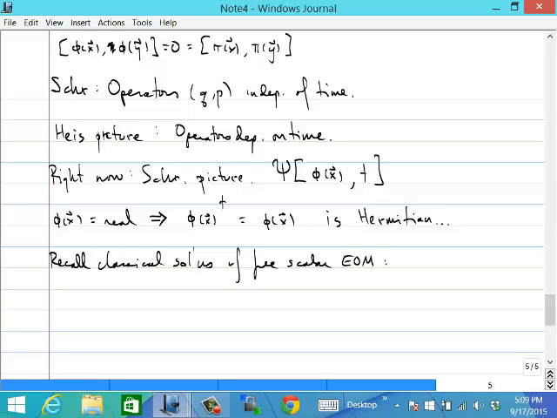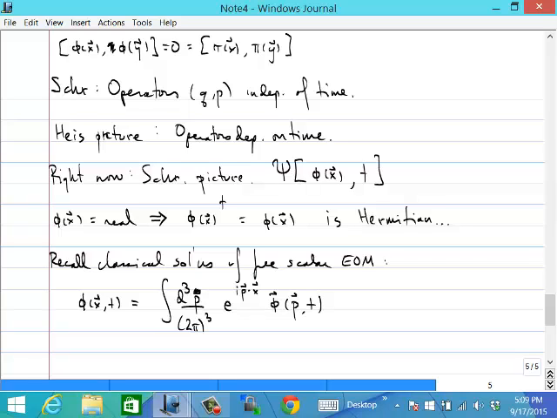The solutions to the equations of motion were easiest to think about if instead of talking about the field phi of x, we did a Fourier transform. So in particular, I'll think about the Fourier transformed field. I'll write that as the integral d3p of e to the i p dot x times phi of p and t. I haven't done anything here.